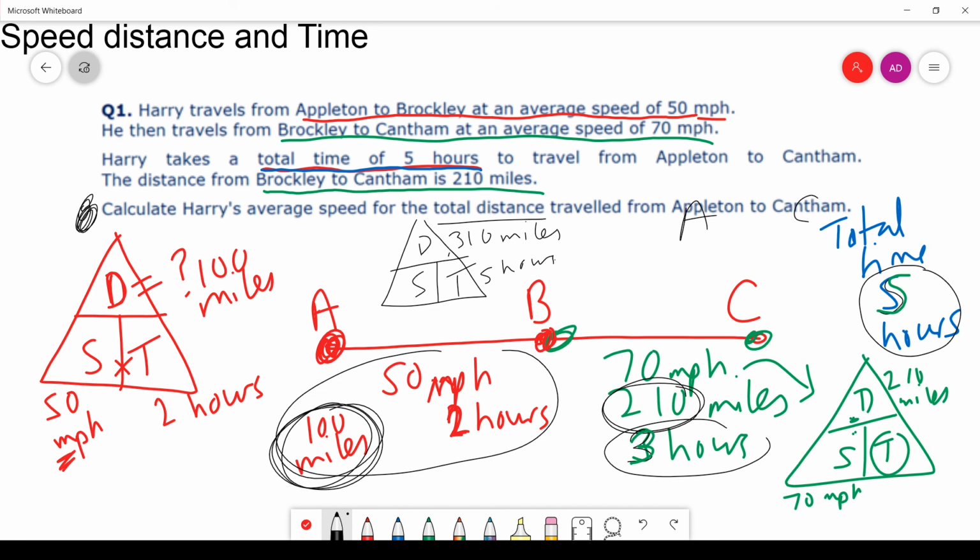So all you've got to do now is 310 divided by the 5. If you do that, 310 divided by 5 gives you 62 miles per hour. That is the average speed from A to C.